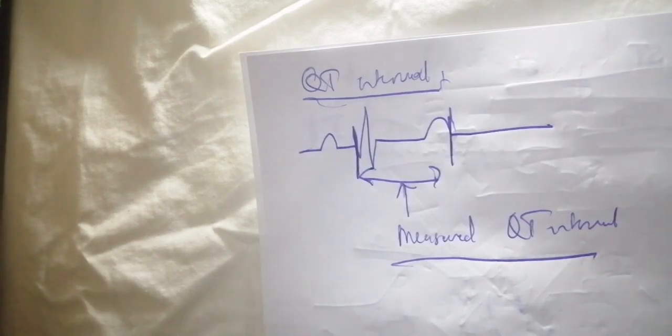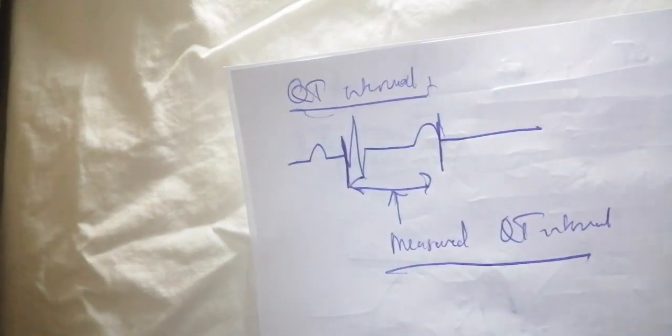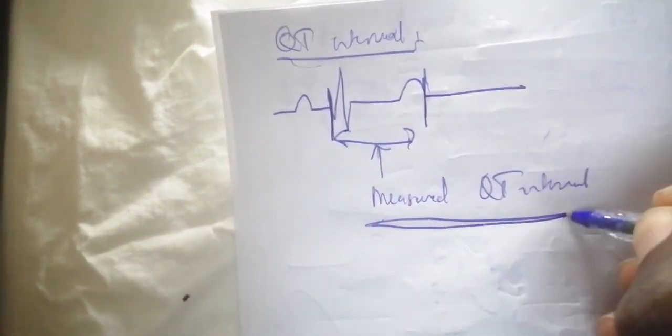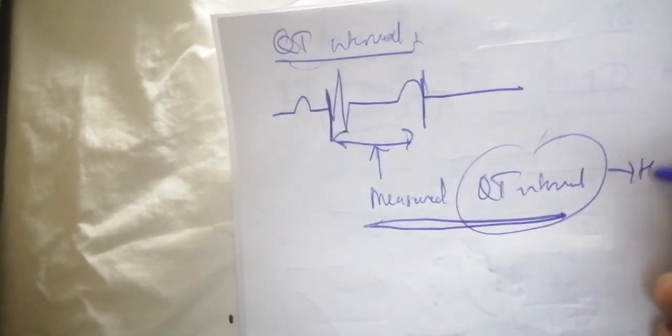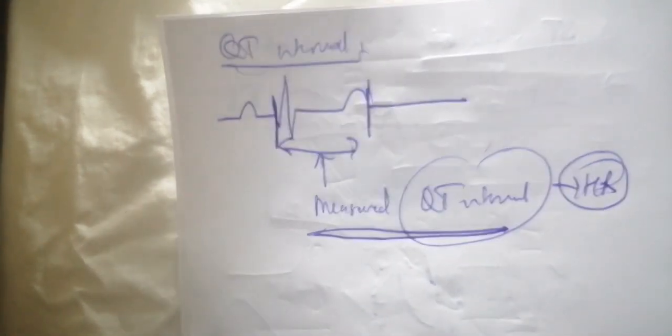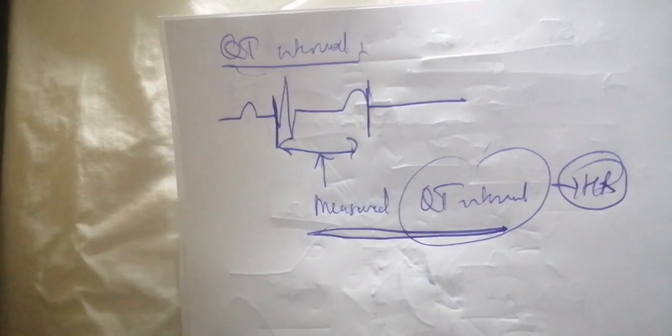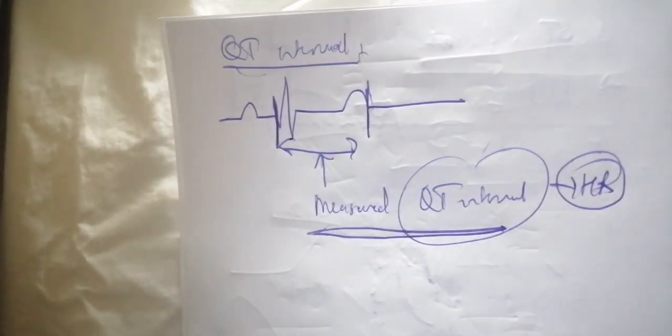Similarly, if somebody is at rest and has bradycardia, they are going to have elongation of the QT interval. So the measured QT interval varies so much with the heart rate. Are you understanding? This is why the measured QT interval is not very useful, because it varies so much with the heart rate.